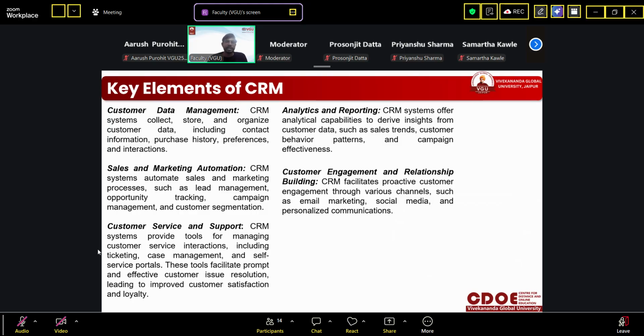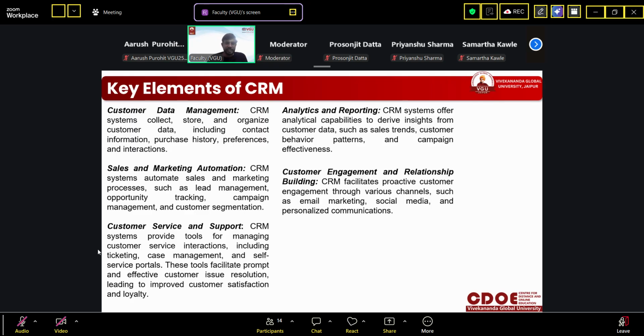Regarding customer data, how are we going to collect, store, and organize customer data, including their contact information, purchase history, their interests, preferences, and what platforms they use for interactions.